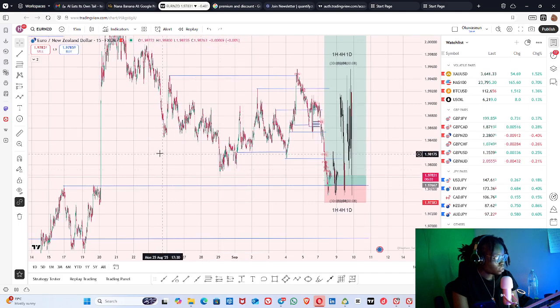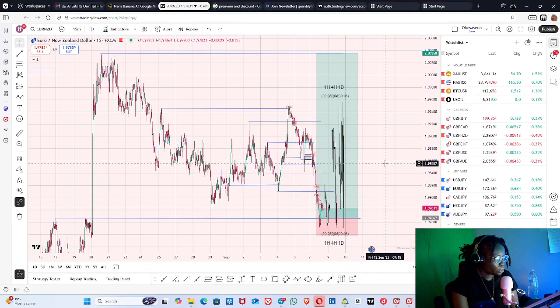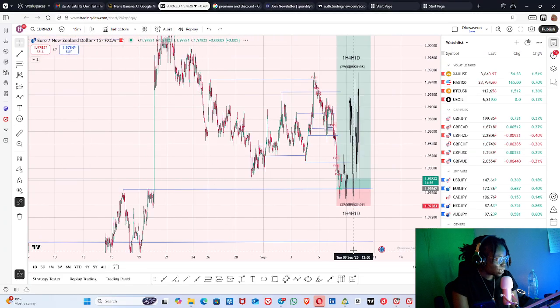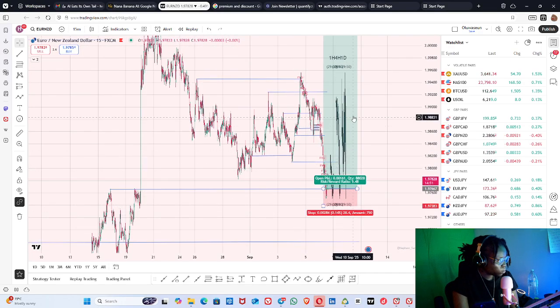I want to enter this trade because I believe that price is going up, but I'm just scared of taking this trade right now.